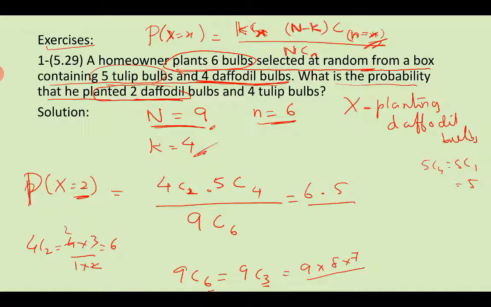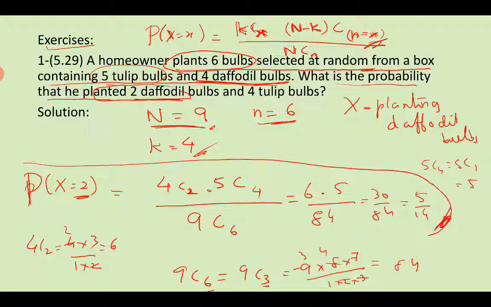So 9 into 8 into 7 over 1 into 2 into 3. We can cancel the 4 and the 3, and it will be 84. So 6 into 5 divided by 84 is 30 over 84, which is 5 over 14. The first answer, 5 over 14, is the answer, right?